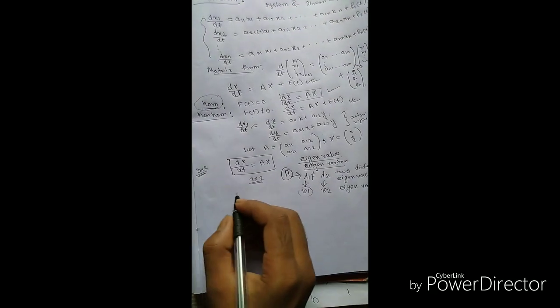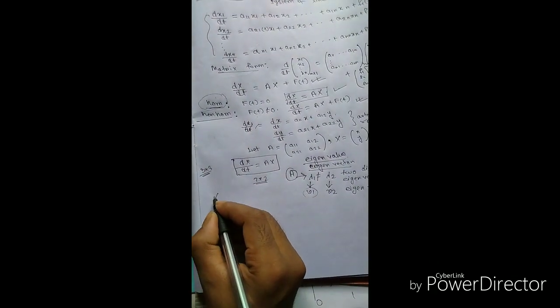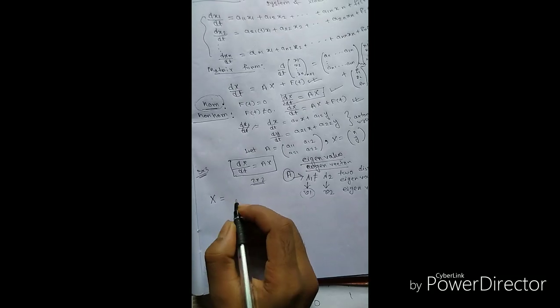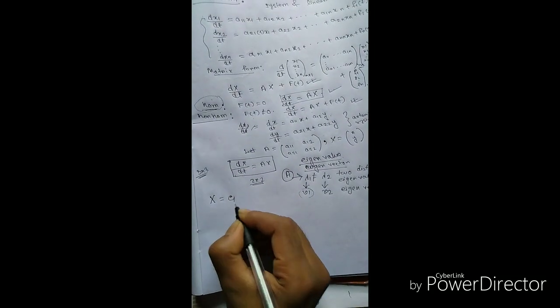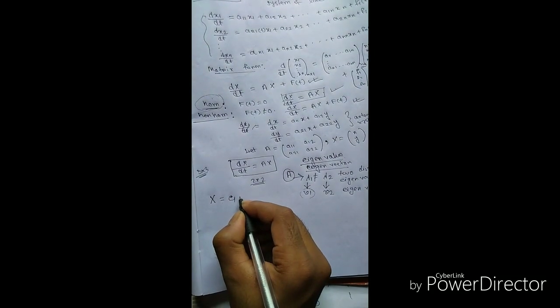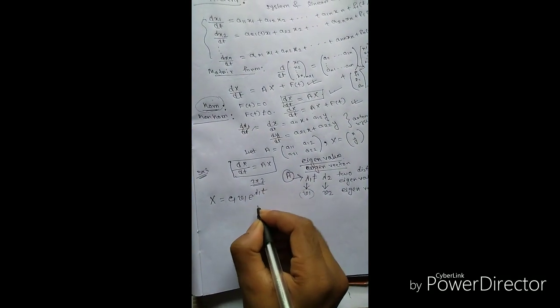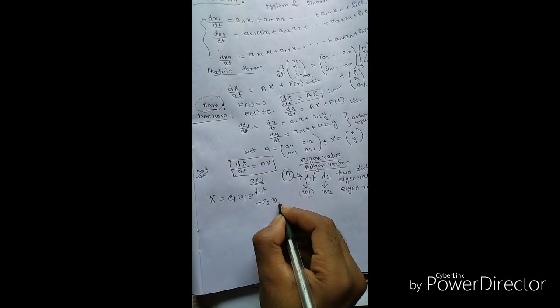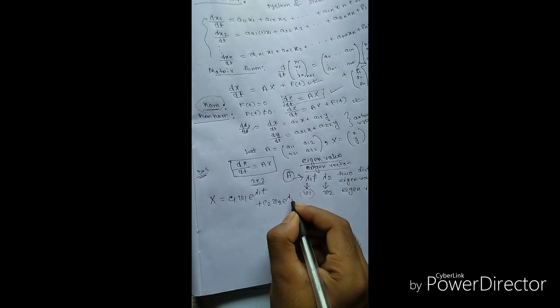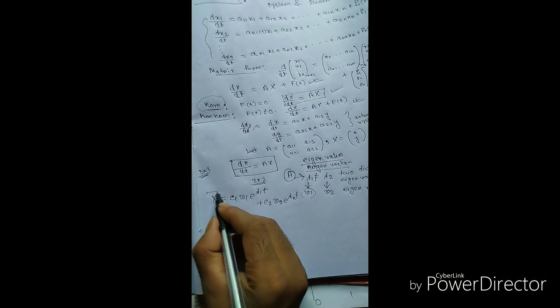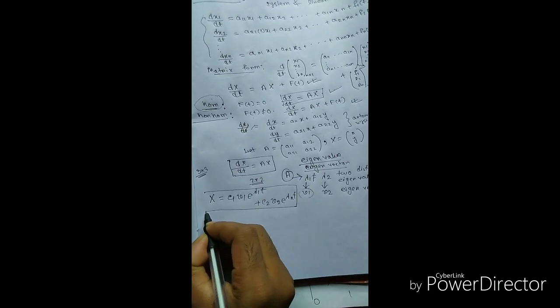Then what is the solution? The solution x can be written as c1 v1 e^(lambda 1 t) plus c2 v2 e^(lambda 2 t). This is the general solution, right?